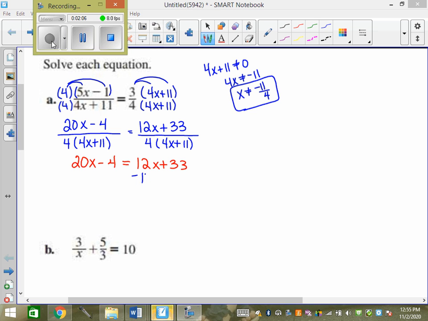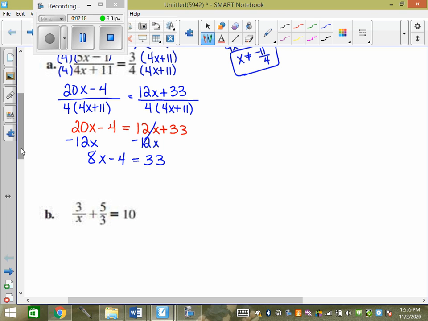I'm going to subtract 12x, and I'm going to get 8x minus 4 equals 33. Then I'm going to add 4, and I get 8x equals 37. And then I'm going to divide by 8, and I'm going to get x equals 37 over 8.